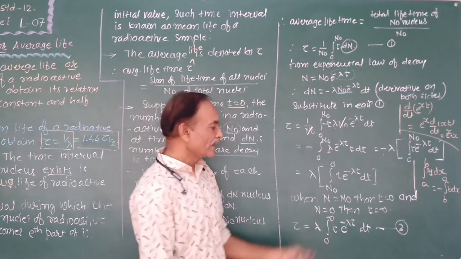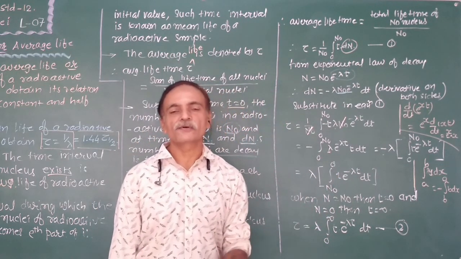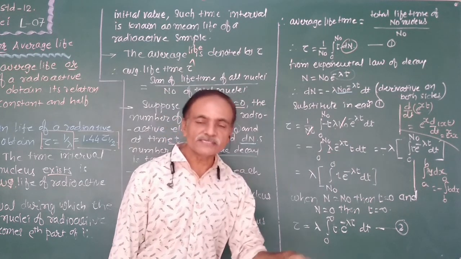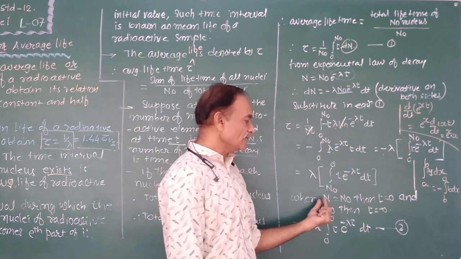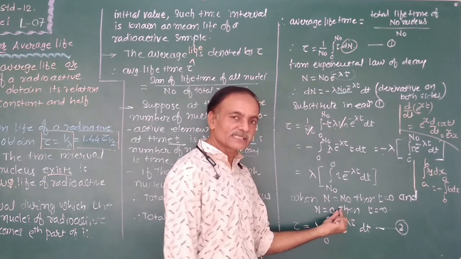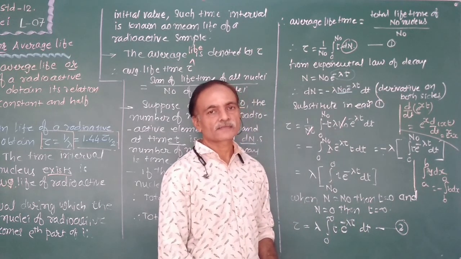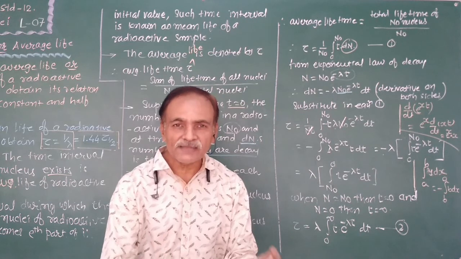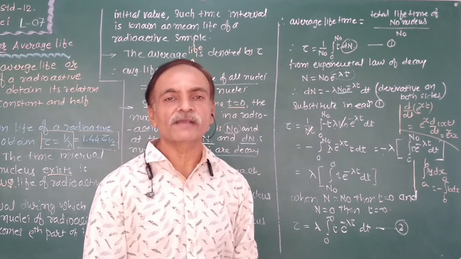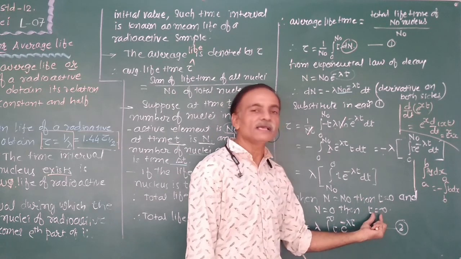Now this limit represents the number of nuclei. We have to change this limit in time. When the number of nuclei is N0, that is the initial condition, at that time t is equal to 0. When the number of nuclei in a radioactive element completely vanishes, that means it becomes zero, the time taken by the sample is infinite.